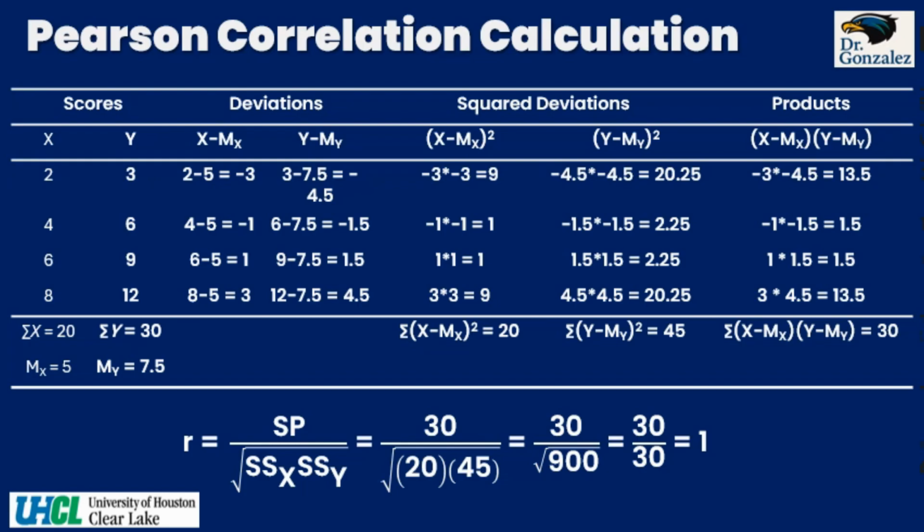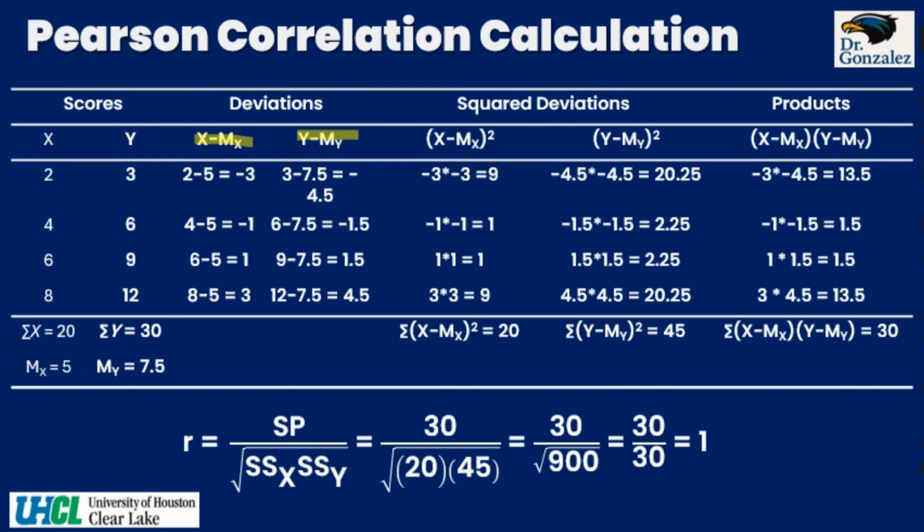Then that sum of products gets put into the Pearson correlation calculation. So this table is just brought over, okay? There's your x minus mean sub x and your y minus mean sub y, right? I've got my squared deviations, which is what we did on that other slide.